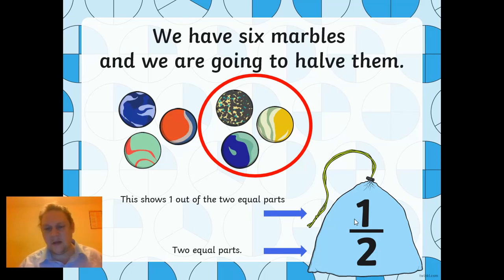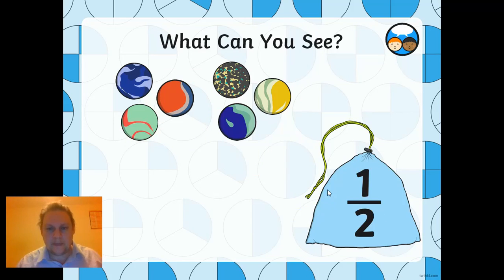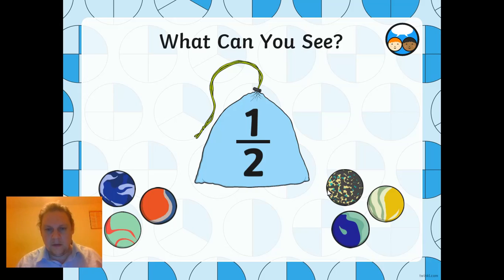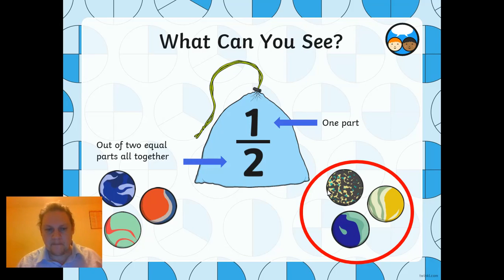So this is still a half. We've got 2 equal parts, and this shows us that we're interested in 1 of those parts. We've divided into 2 equal groups, and we are interested in 1 of the groups. 1 part out of 2 equal parts altogether.